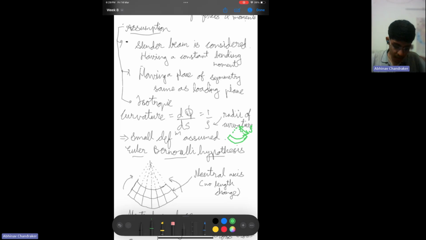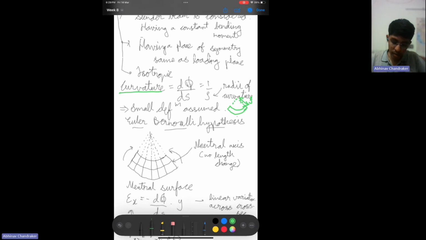So rho will be smaller, but the curvature value will be higher. What I said was the opposite. We'll also be using this later on because this gives you an idea of the degree of strain when you are bending. Because the more your member is curving, it means that it's undergoing more strain, and that means the radius of curvature is reducing.